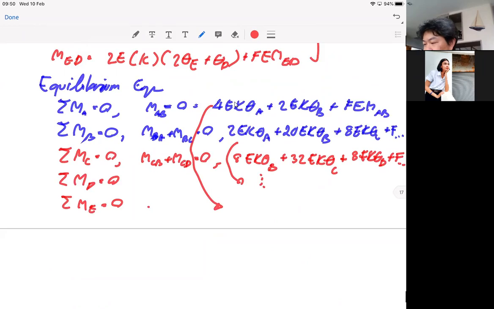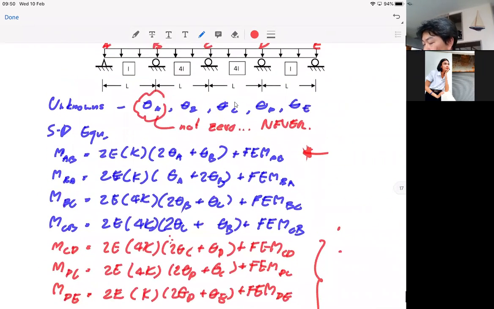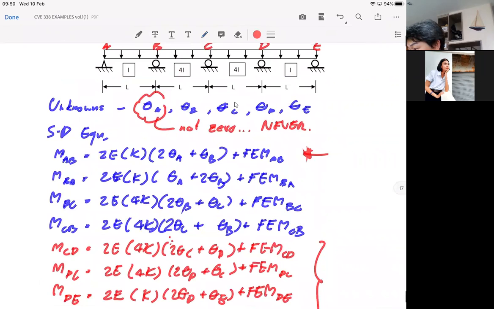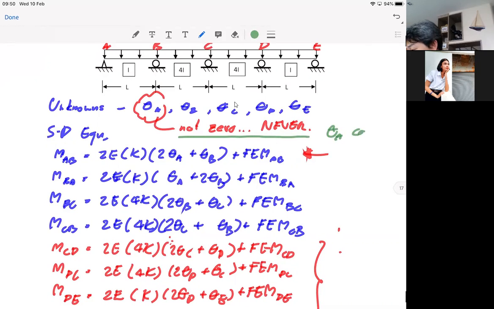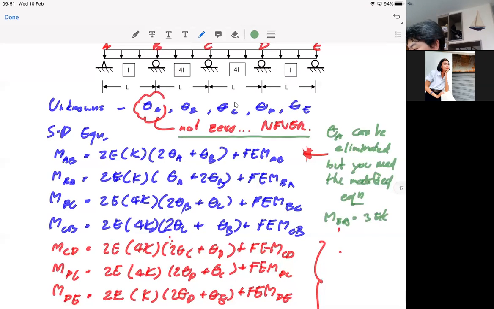But you need to understand that when you use a simple end, if you mean to eliminate ζA, ζA can be eliminated, but you need the modified equation, which is, you know, MBA is equal to 3EK, that sort of equation.